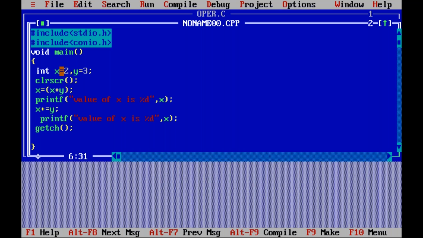Correct. Some mistake done by me. Fine. I will compile it.